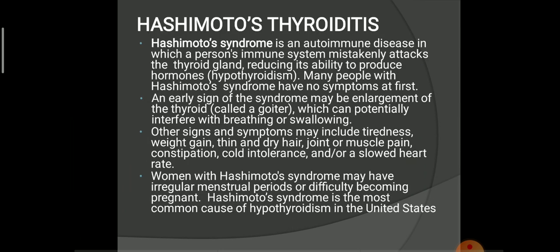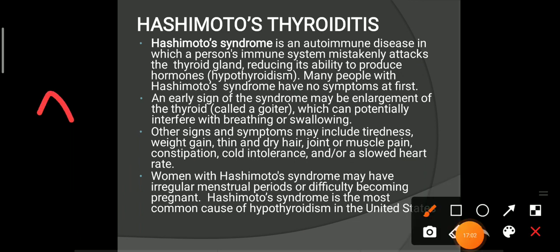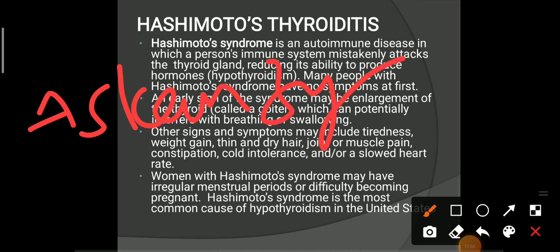Now coming to Hashimoto's thyroiditis, it is also an autoimmune disease, mostly seen in people with pernicious anemia, rheumatoid arthritis, and hemolytic anemia. The most important feature is that Askanazy cells are seen histologically, and high titers of anti-thyroid antibodies are detected in the patients.